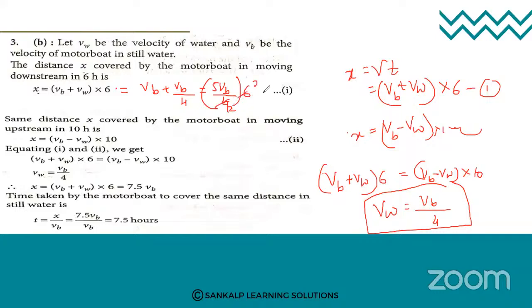So 2s are, 3s, 5 3s are 15, 15 divided by 2, that is nothing but 7.5 into VB. The time taken by the motor boat to cover the same distance in still water is given by distance upon the velocity of the boat. We are getting the distance as 7.5 VB, and this is VB. VB will get cancelled. Therefore, the answer is 7.5 hours.